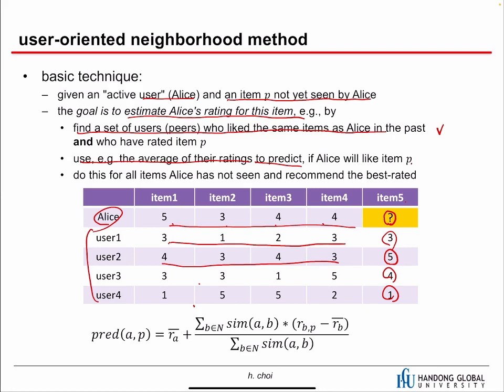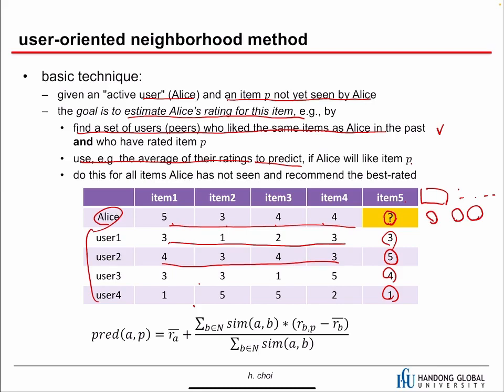So if we can estimate this value, then we know how much Alice likes item 5. Okay, then let's say we have another item and another item and another item. Then we can do this for all the items that Alice didn't use yet. Then based on these scores, we can recommend the best item, right?